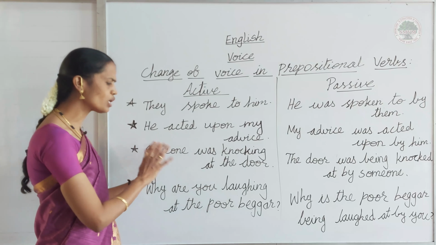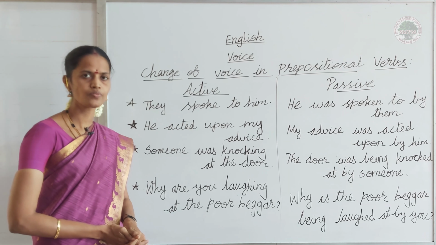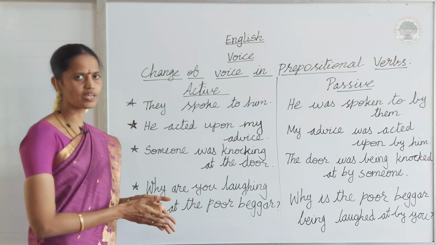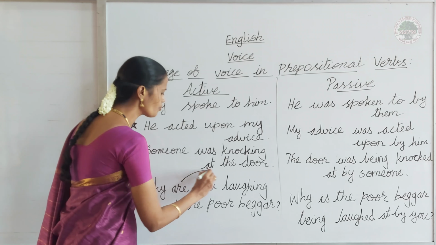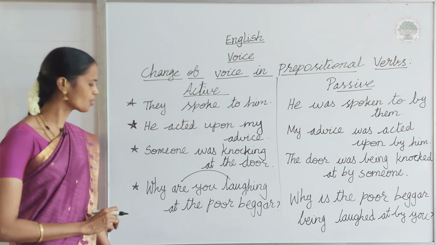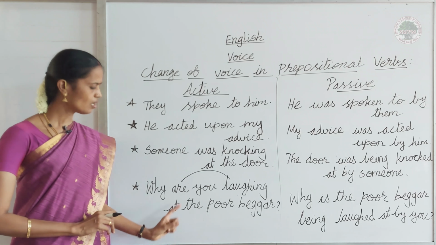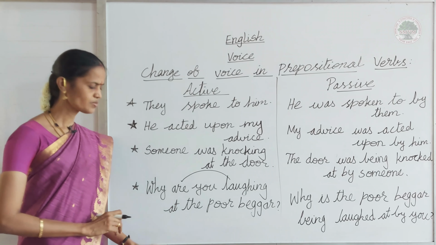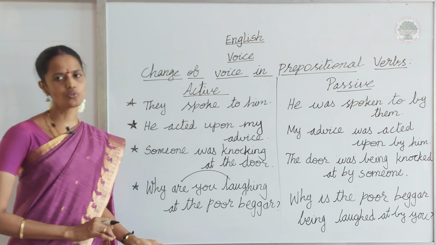Okay. So, what is the verb we have used in this interrogative sentence? Are laughing. So, are laughing is the verb we have used in this interrogative sentence. Okay. So, what about this prepositional verb we have used here? Are laughing at. So, are laughing at is the prepositional verb.